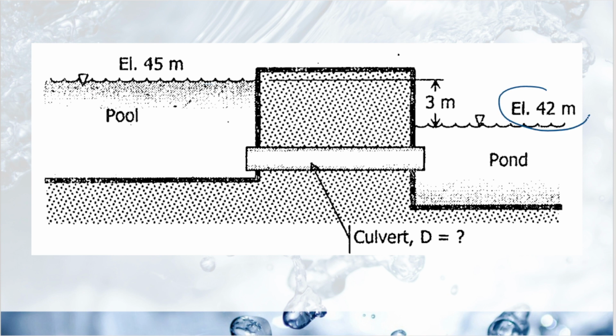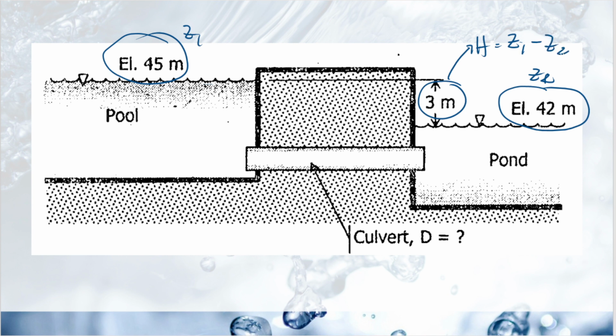Just like I've said, if this is E sub 1 and this is E sub 2, therefore this 3 meters here is the H, that is E sub 1 minus E sub 2.